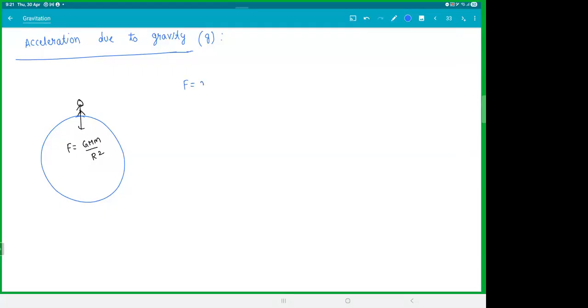So the force is nothing but mass into field, and you're calling this m into g. So indirectly, the acceleration due to gravity g is nothing but gravitational field. In electrostatics, it was force per unit charge. Here it is force per unit mass, which is the same as the field. So the gravitational field at a point is simply the acceleration due to gravity at that point.